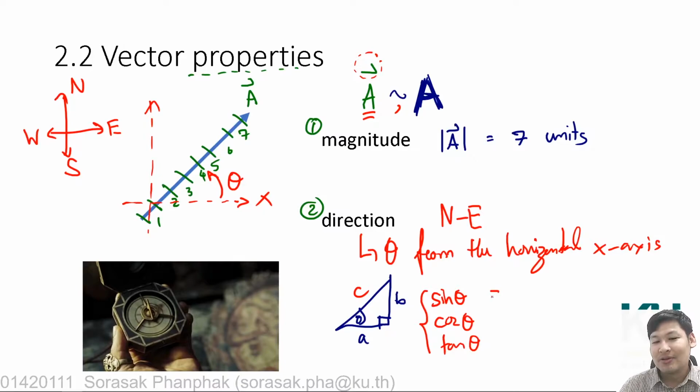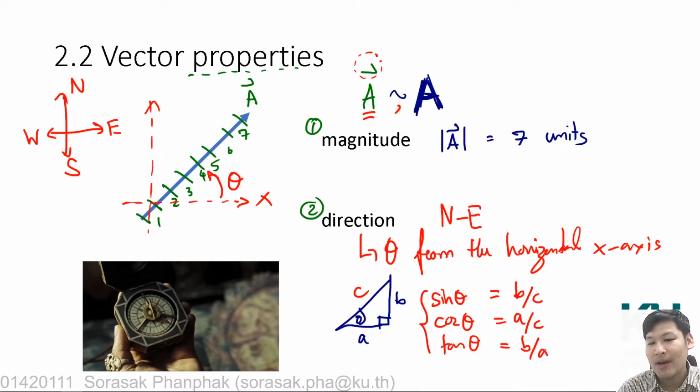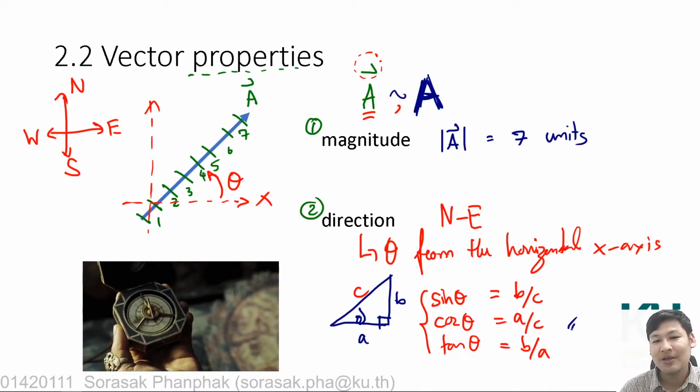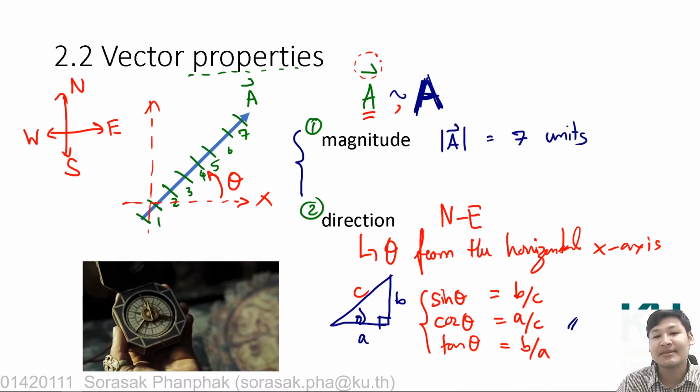Sine theta is B over C here, and cos theta is A over C, and tan theta is B over A. If this is the right angle triangle, I'll write it like this, right? So now you know the two properties required for vectors: the magnitude and the direction.